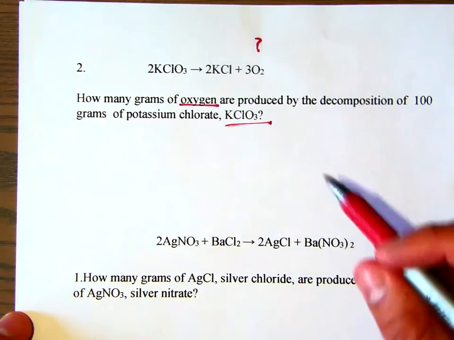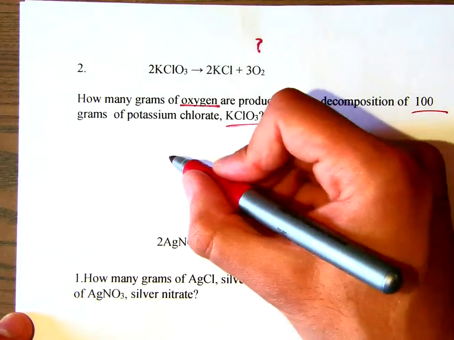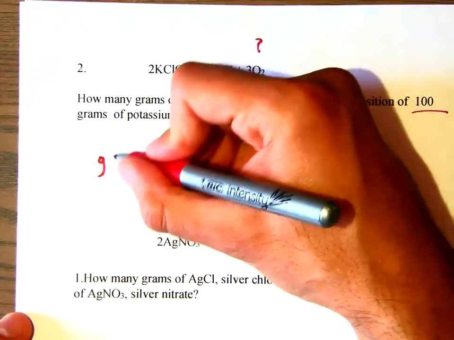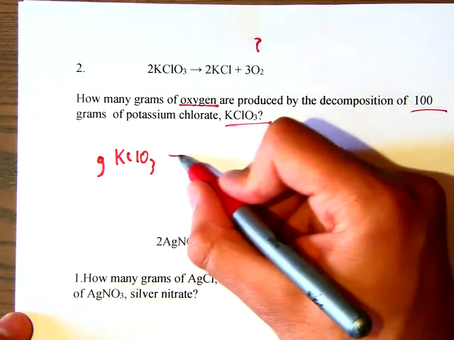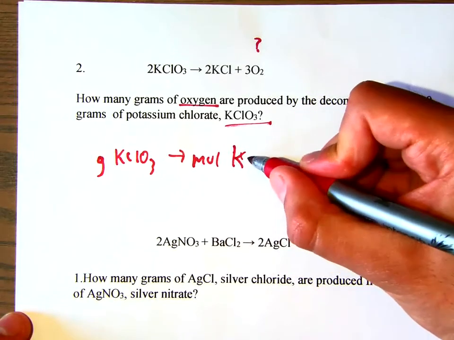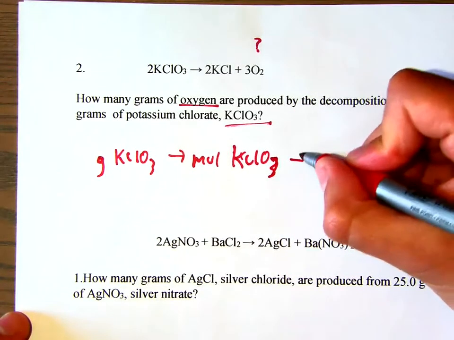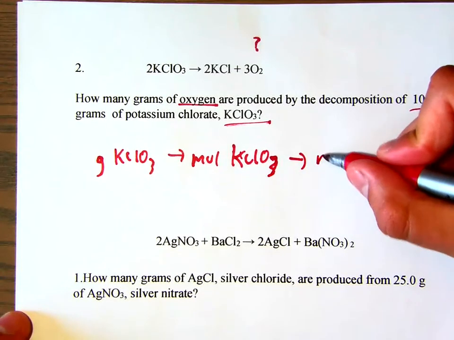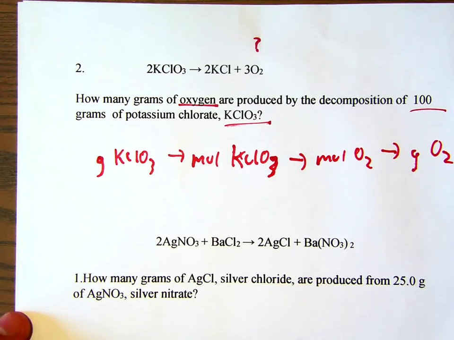All right, so, well, we have 100 grams of this, so we're starting with grams of KClO3. Then we have to turn that into moles of KClO3. Finally, into moles of what we want, which is oxygen. Then into grams of oxygen. That would be our final answer.